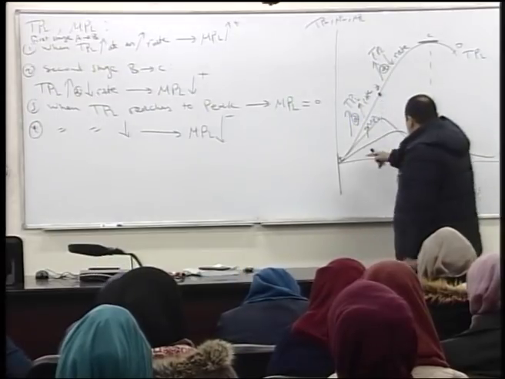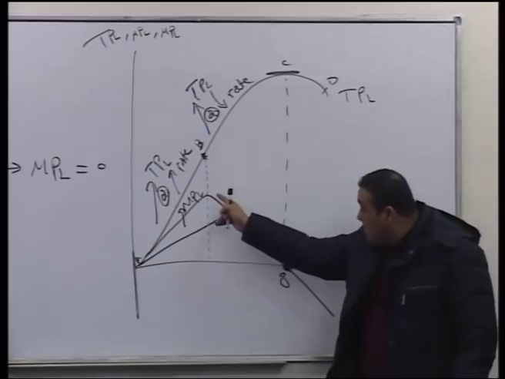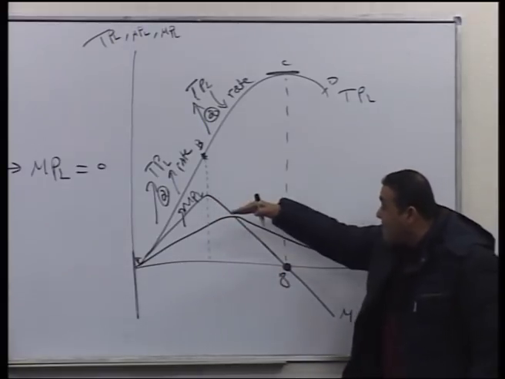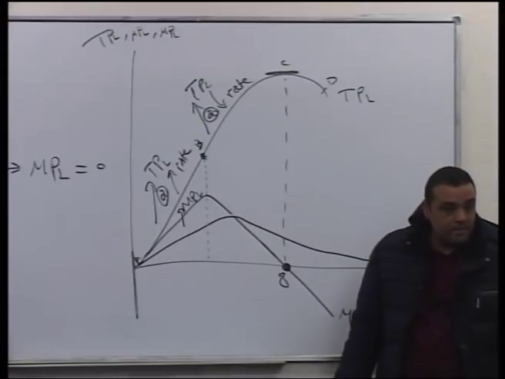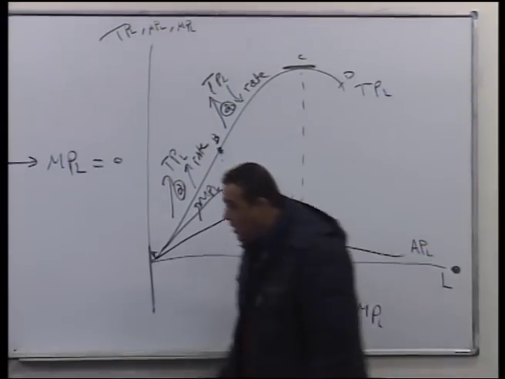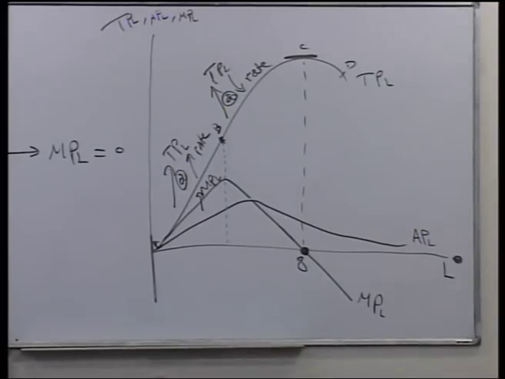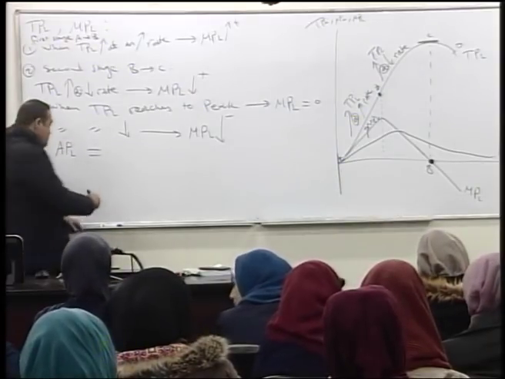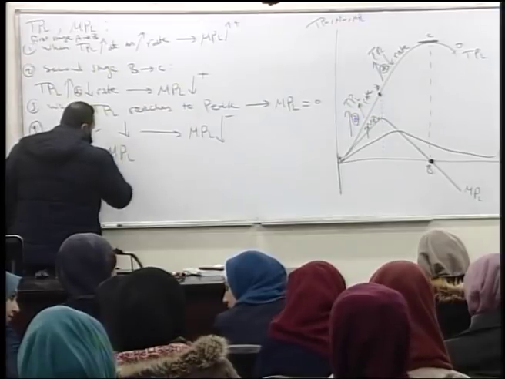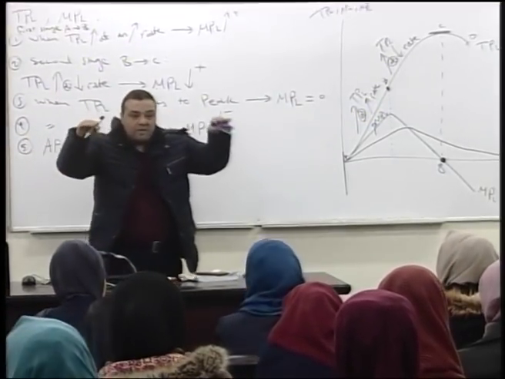So, APL crosses the marginal production of labor at the peak, or the highest value of APL. Right? So, number 5: APL equals MPL at the highest value of APL.